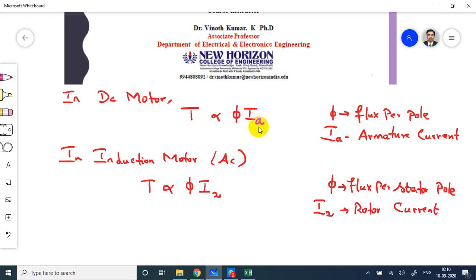Here we are giving the input as a three-phase AC supply.